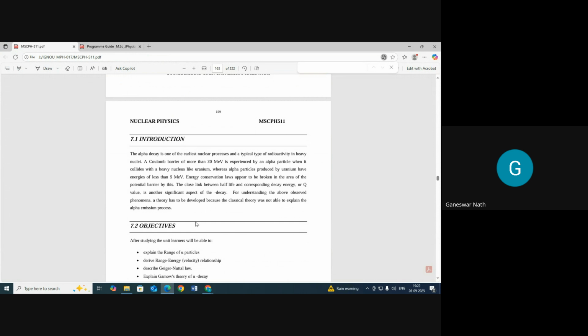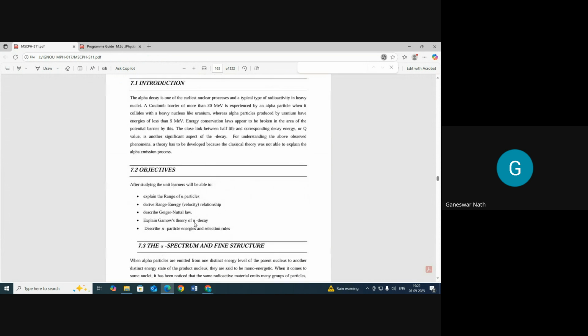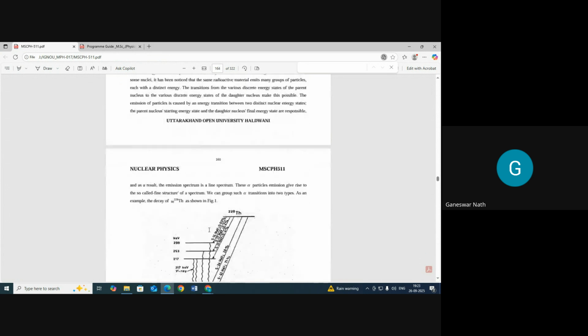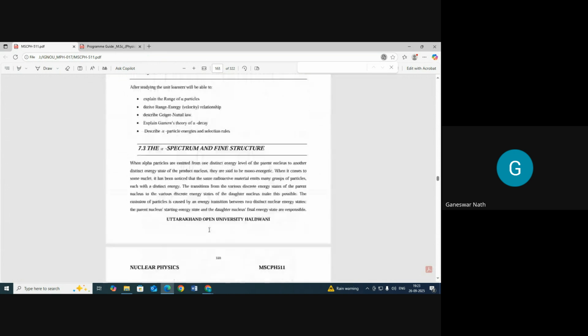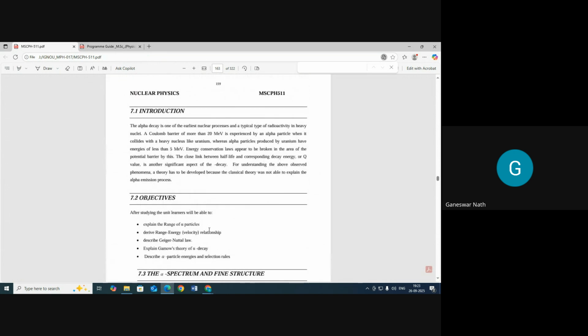So in this, we first have to understand the range of the alpha particle, then the energy, the Geiger-Nuttall law, then gamma zero alpha decay. These are all things there. So first of all, let me talk about alpha decay. What is alpha decay?